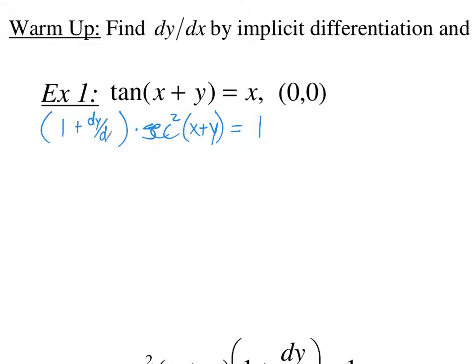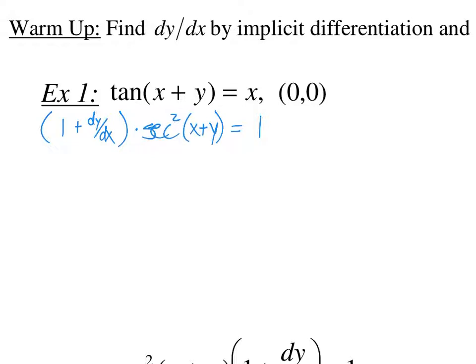1 plus dy dx. Anytime you're taking the derivative of something that's not an x, you take the derivative like you normally would and then multiply by dy dx, because that's the chain rule again, actually. All right, so the derivative of something to the first is just 1 times something to the 0, so it's just 1. And then we have that times dy dx.